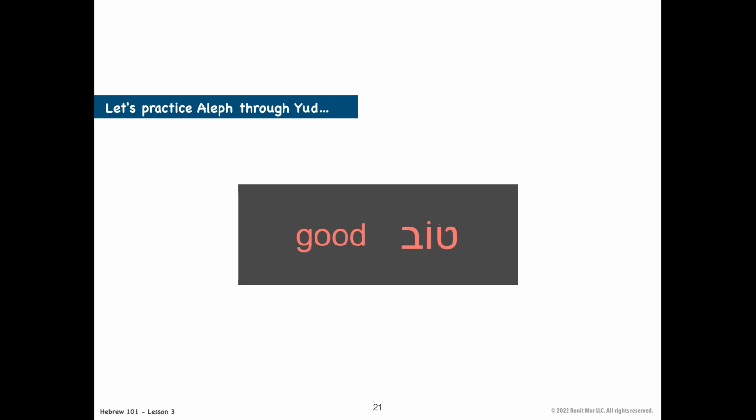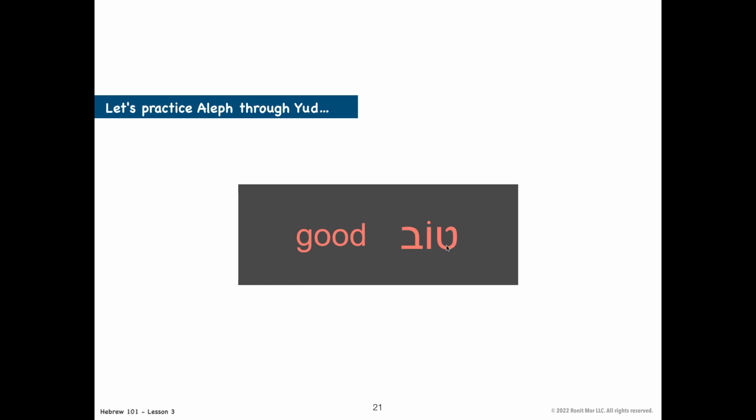Okay, so this one I'm looking and I'm seeing Tet, which is T, and then this Vav is a vowel, the dot over the rainbow is O, so the sound of the T will be O. Then I have Vet that is V, and it will be silent, so I will just make that sound quickly.